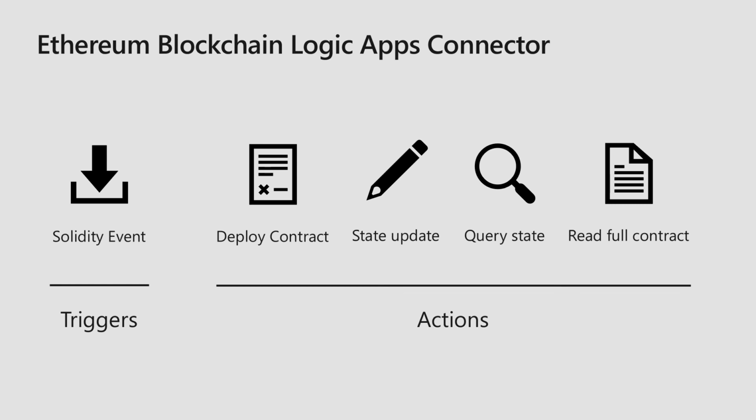For this, you don't need gas or the private key to be sent. Got it. And read full contract is reading all the properties of the smart contract. The query state is where you can call a specific function, whereas the read full contract is the ability to read all the exposed public properties.